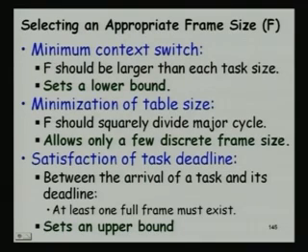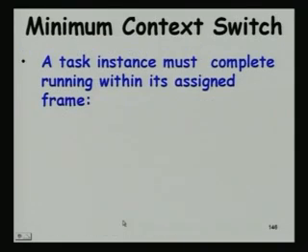So, if there is not a full frame, we can't really run that task, isn't it? So, this will set an upper bound on the frame size. If the frame size is more than something, then this constraint of a full frame existing between a task's arrival and its deadline may not be satisfied.